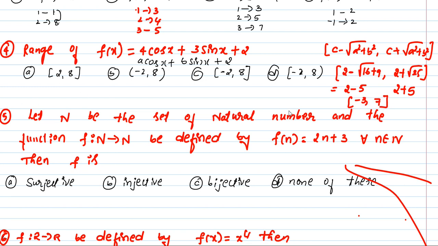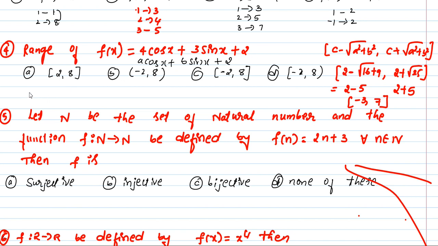So our option minus 3, 7 is not there. So that means see, in place of 2 we have minus 3, in place of 8 we have to write 7. So the complete question is wrong here.